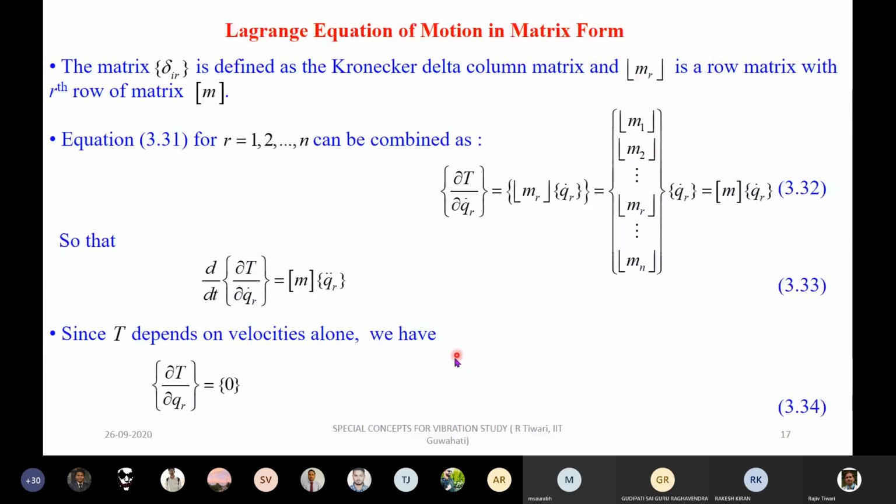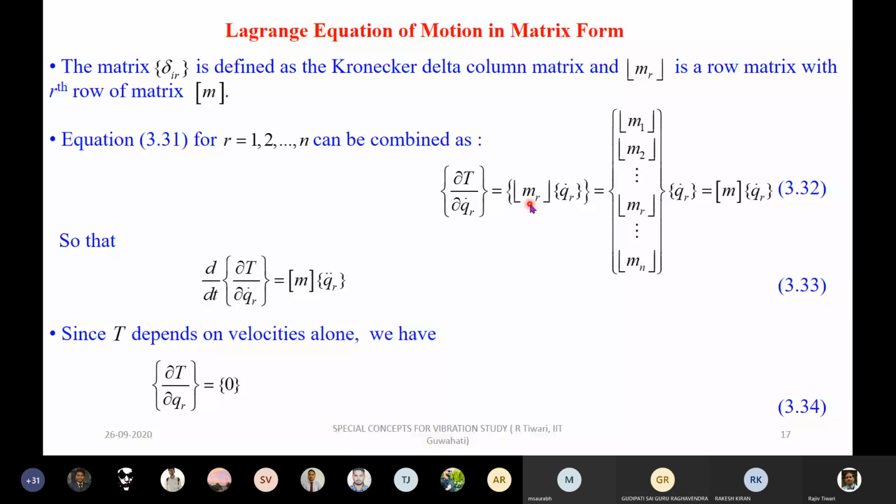Here I combined them for all r. Once I put it in a bracket, that means it has n components. Whatever I got, m_r the row vector, I have put again in a bracket. That means I have stacked all of them from 1 to n.